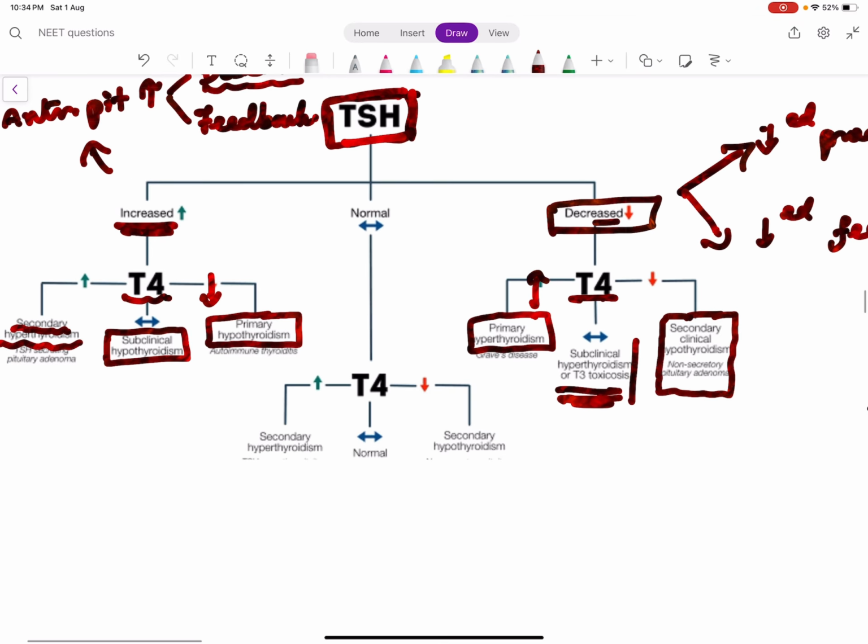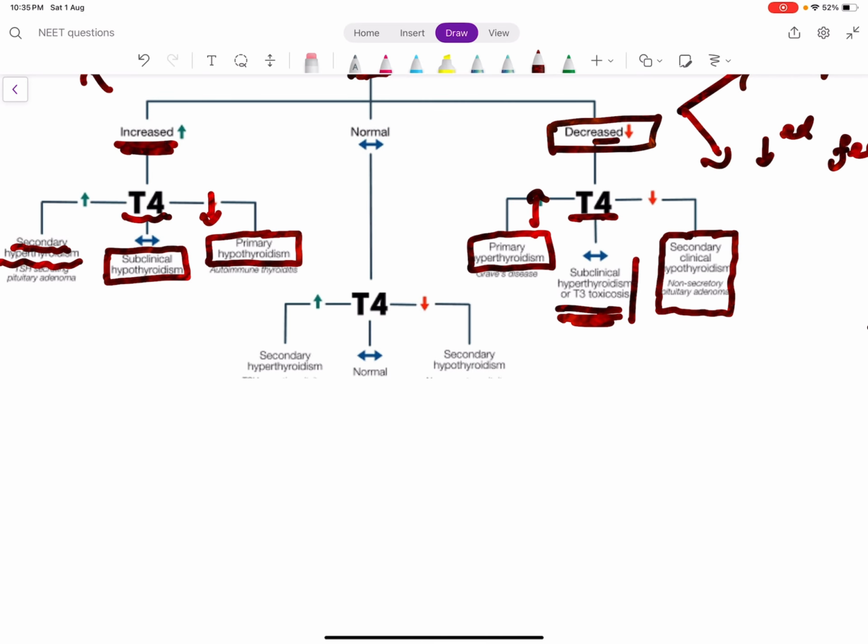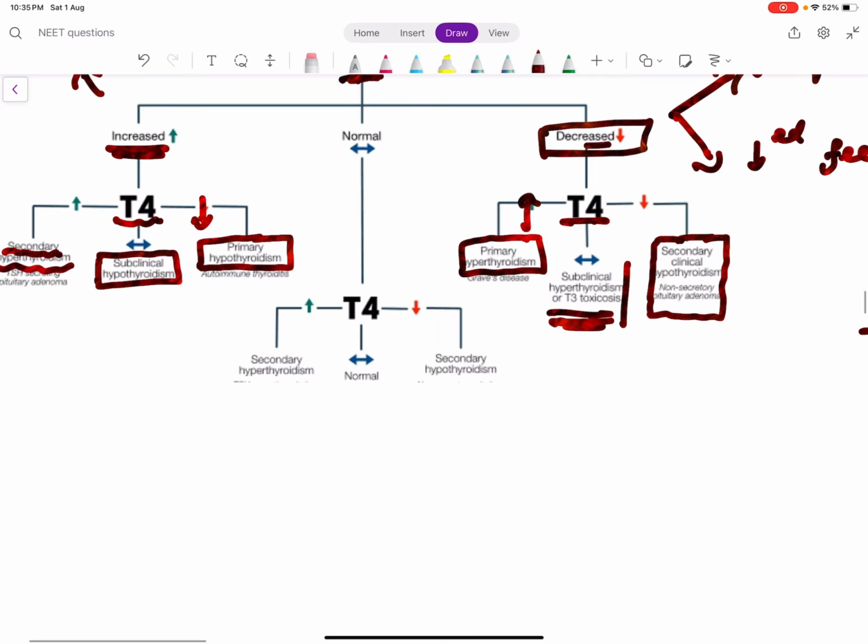If you are able to remember, please remember this also. I told you in secondary hypothyroidism, TSH will be low, T4 will be low. In secondary hyperthyroidism, TSH will be high, T4 will be high. But in some cases, TSH may be normal while T4 is elevated in secondary hyperthyroidism.